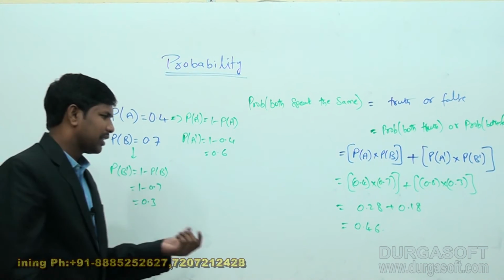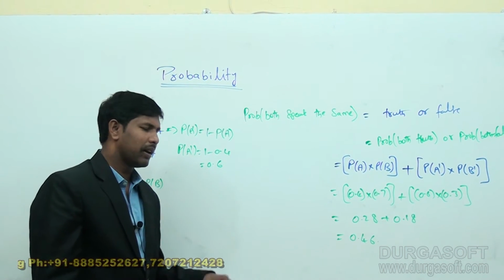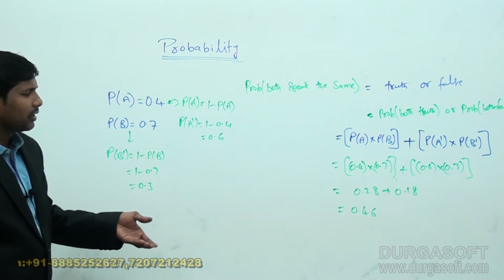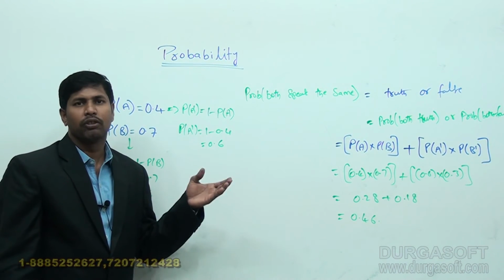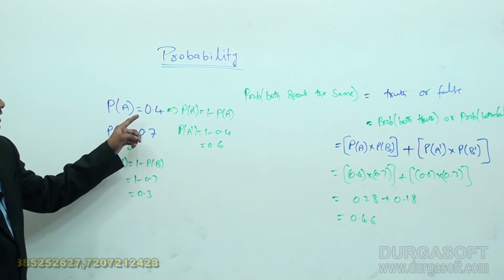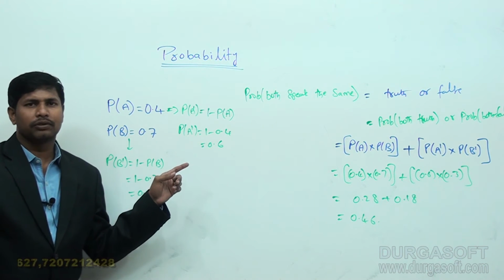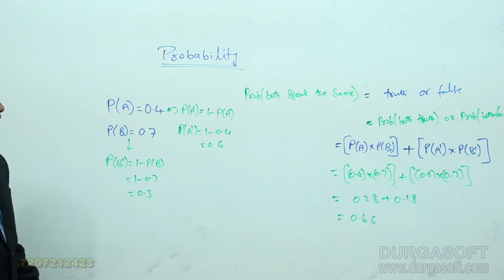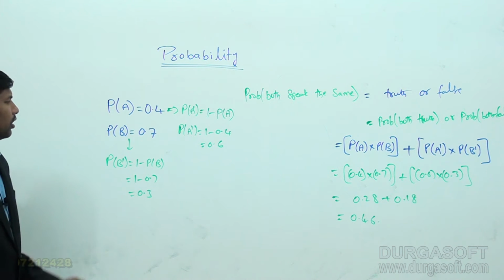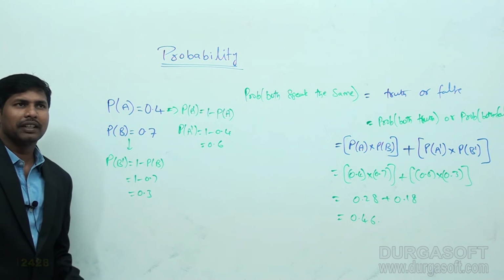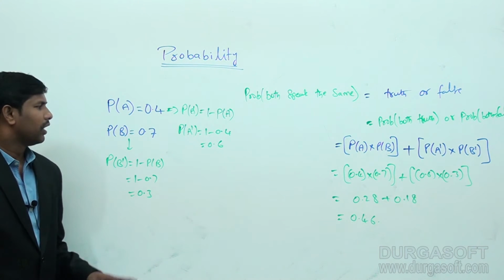Actually, what do we mean by 0.46? It is 46 by 100. That means they both will speak the same 46 times out of 100. Even in this case, 0.4 is nothing but 4 times out of 10 times. So for every 10 times, A can speak true 4 times. In the same way, B can speak true 7 times out of 10 times.